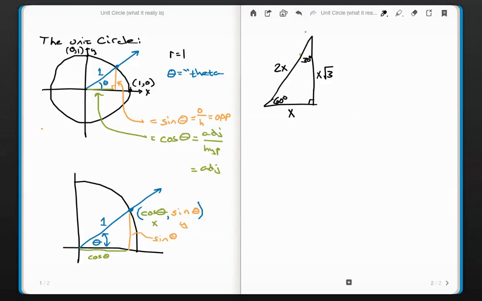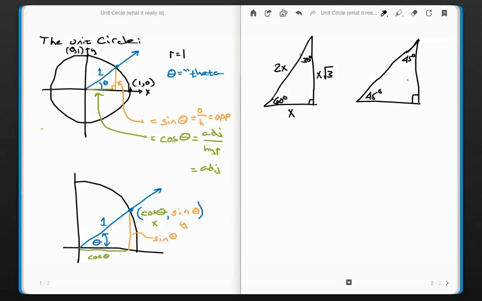And then we have this other triangle that also shows up a lot in the real world, and that's why these are so important. Boy, that's a lame triangle, but bear with me. This is 45 degrees, and this is also 45 degrees. So 45, 45, 90.